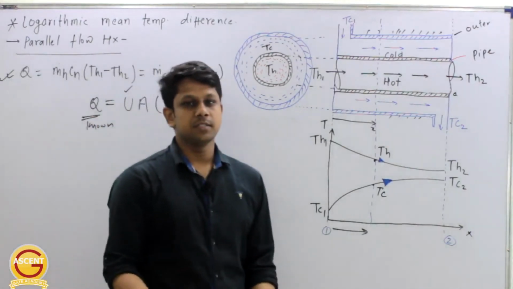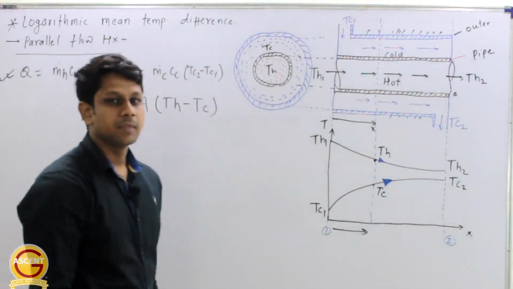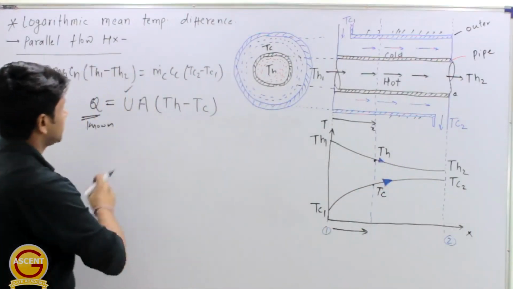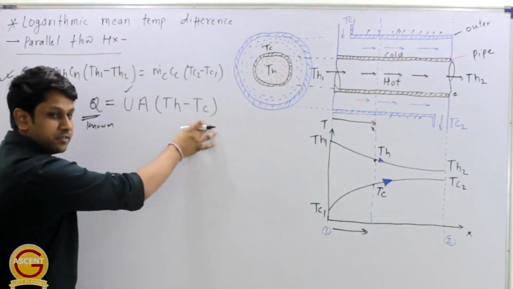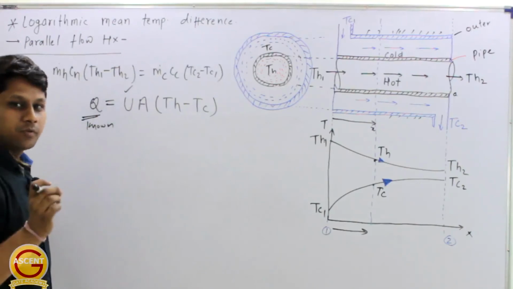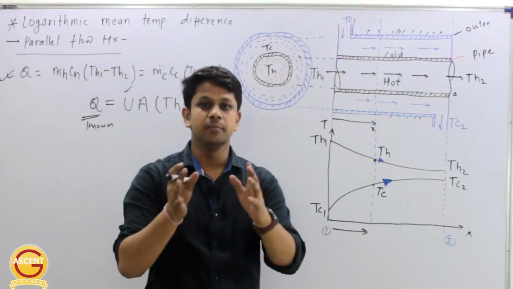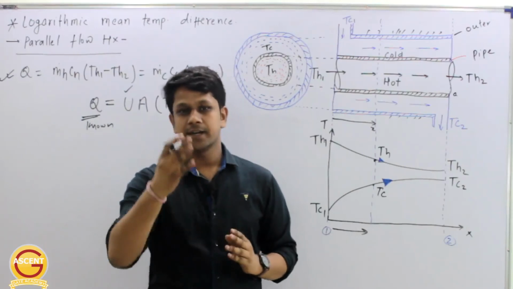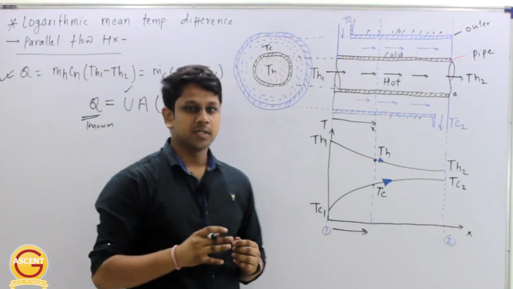Which TH minus TC will you take? It is changing with respect to location. Here comes the logarithmic mean temperature difference. This TH minus TC is a variable, so whenever quantities are varying, to simplify the analysis we take a mean. Similarly, in the Rankine cycle, you have seen the mean temperature of heat addition. A similar concept is there.